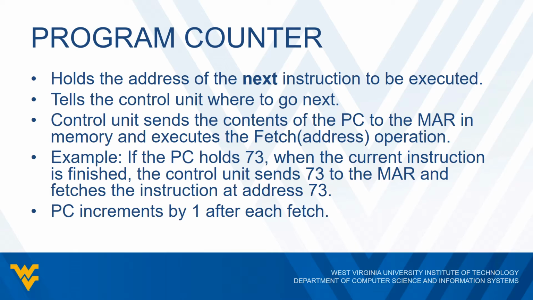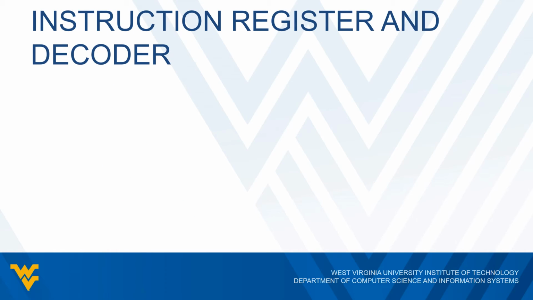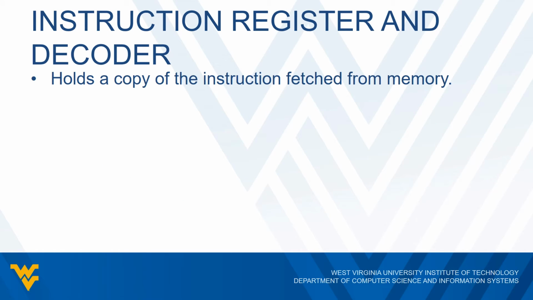The program counter then increments by 1 after every single fetch, because the normal mode of execution in a von Neumann machine is sequential, so we have to get the next instruction. So this program counter just increases by 1 after each fetch, so that we know to get the next instruction. The instruction register holds a copy of the instruction fetched from memory.